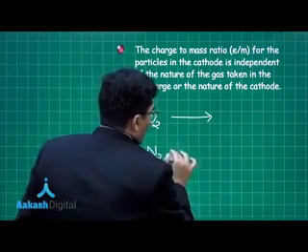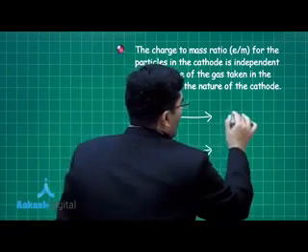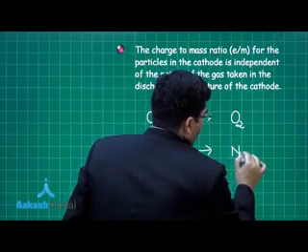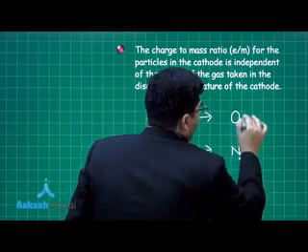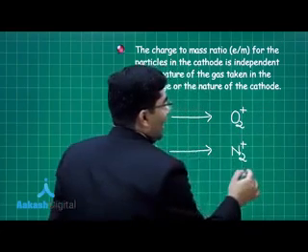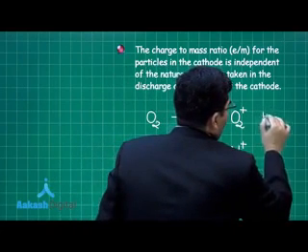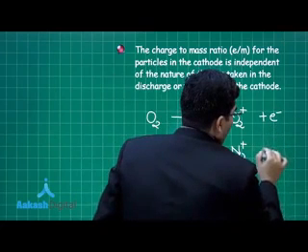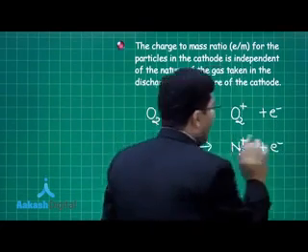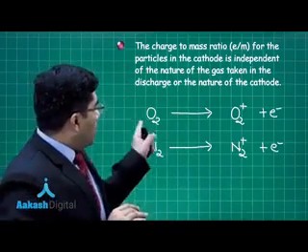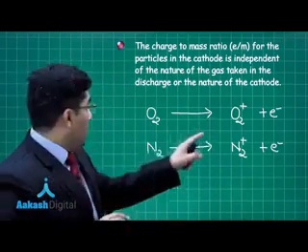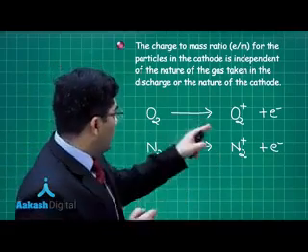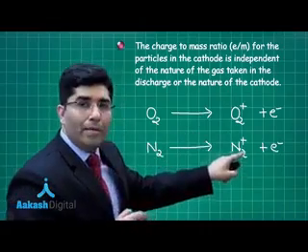If they are ionized, they will become gaseous cations and electrons will come out of them. Now guys, oxygen is becoming O2 plus, N2 is becoming N2 plus. Now the electron coming out of the oxygen or nitrogen, they both will be the same, right?